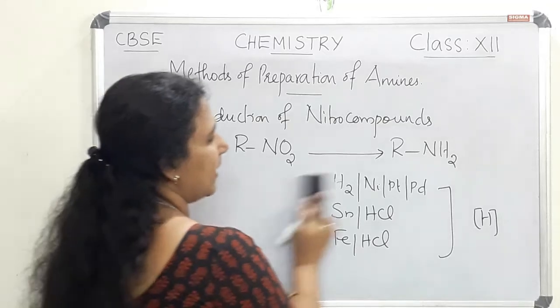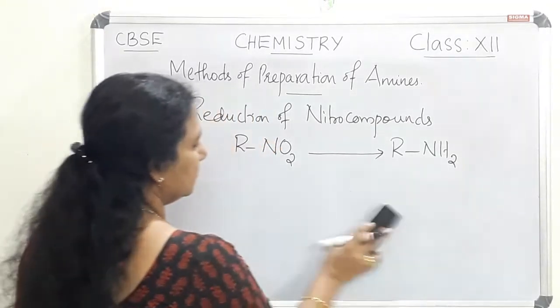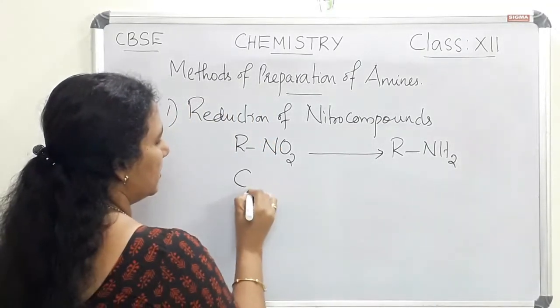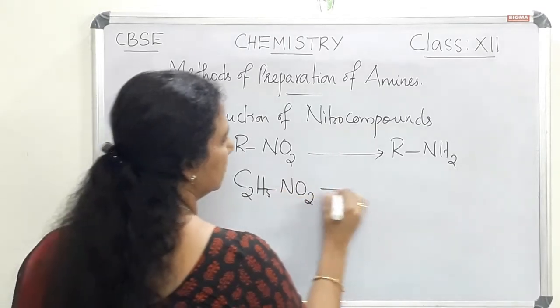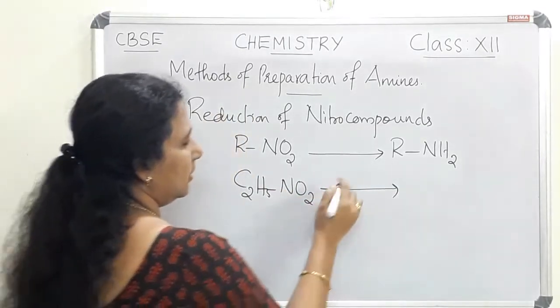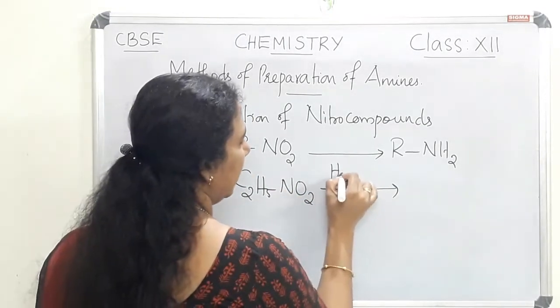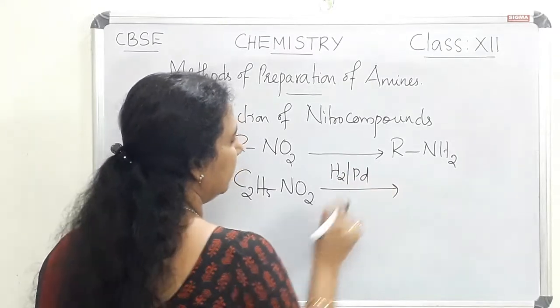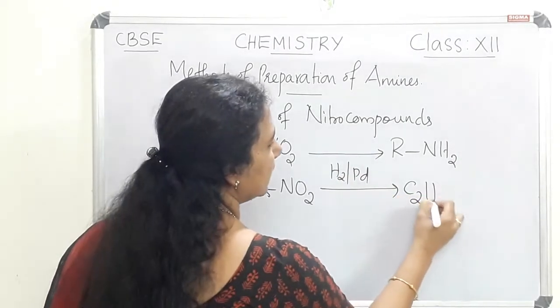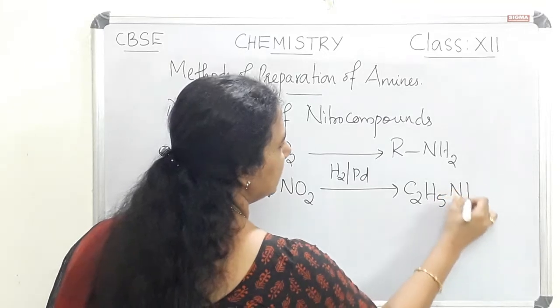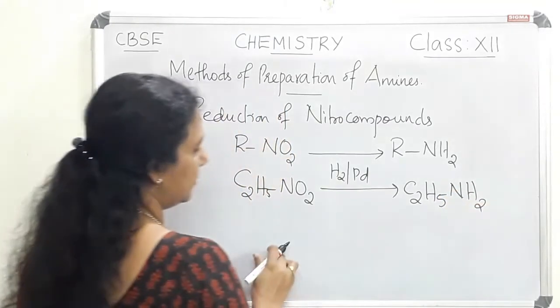Let us write one example. C2H5NO2. This is treated with hydrogen in presence of palladium. This is a reducing agent, and we will get the corresponding amine C2H5NH2.